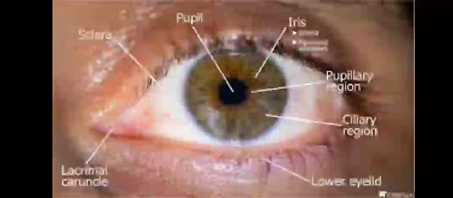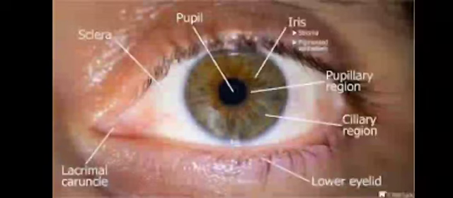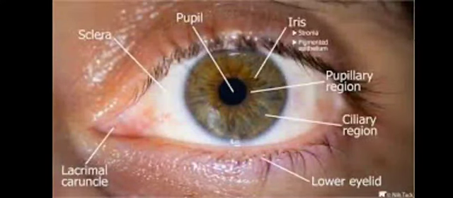Surrounding this, there is an iris which contains constrictor pupillae and dilator pupillae. This will constrict, contract, and relax during light sensation. Now, this is the pupillary region, and this is the ciliary region. This is the lower eyelid.